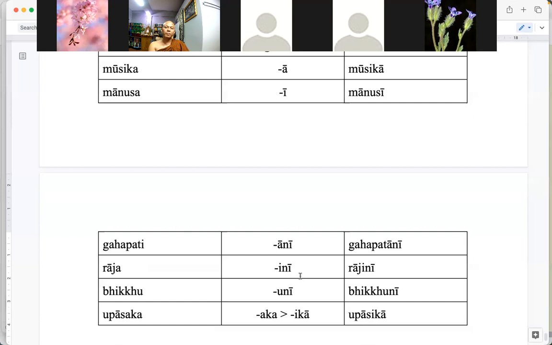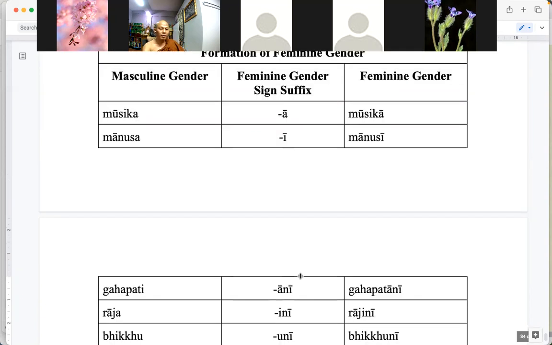To change, it is a long R, or it is long E, or it's ani or ini. So it means that when we change from masculine to feminine, there are four ways to change it. Long A, long E, ani, or ini.